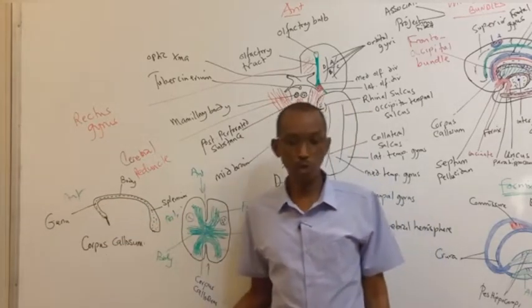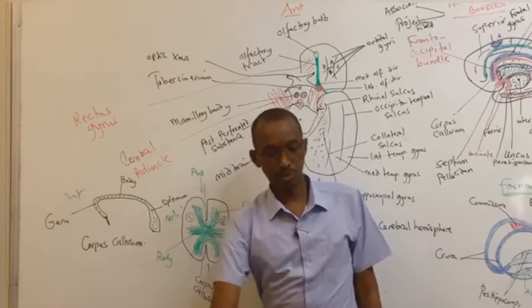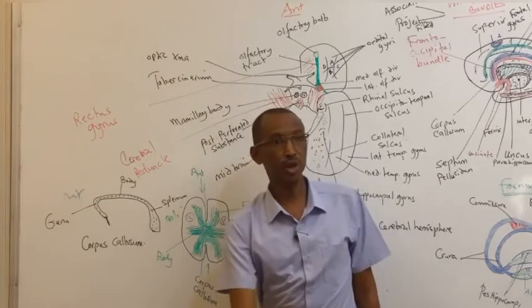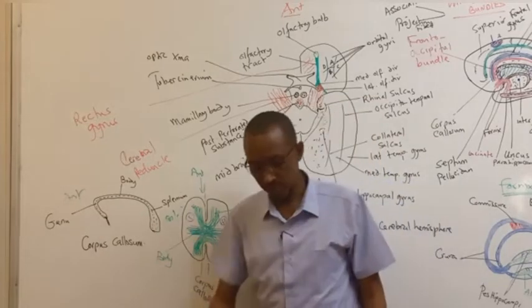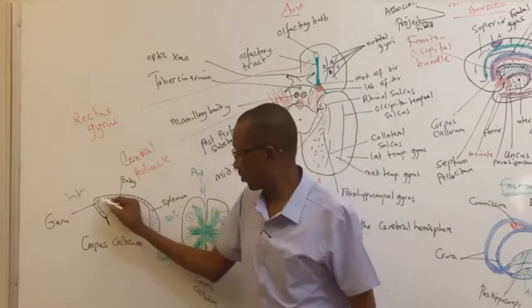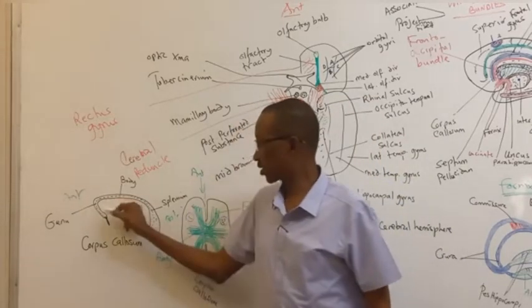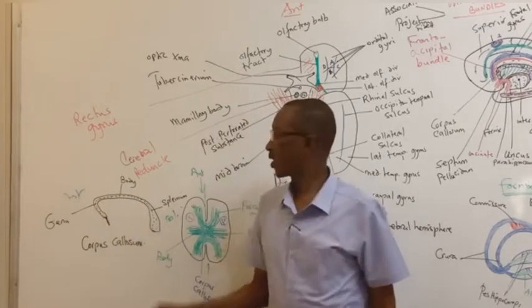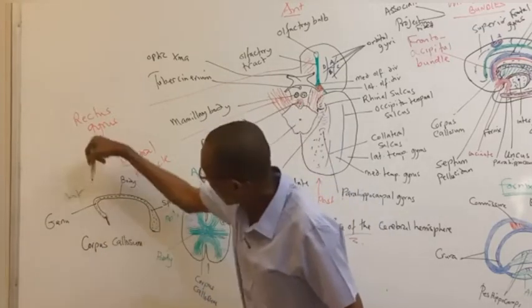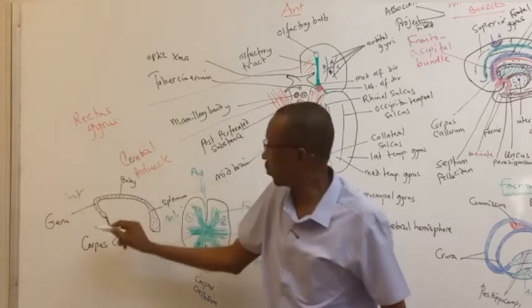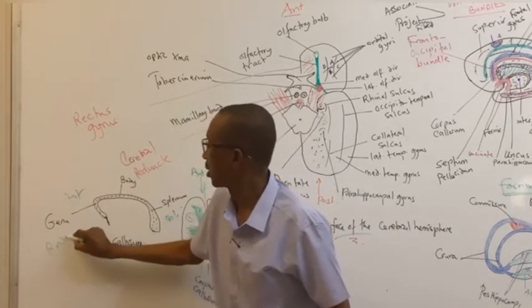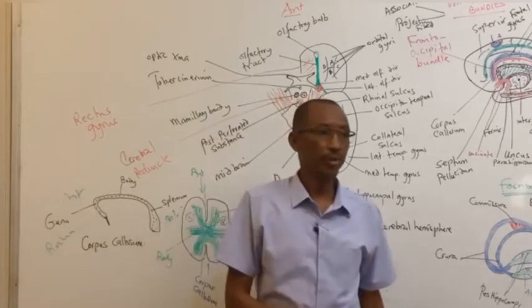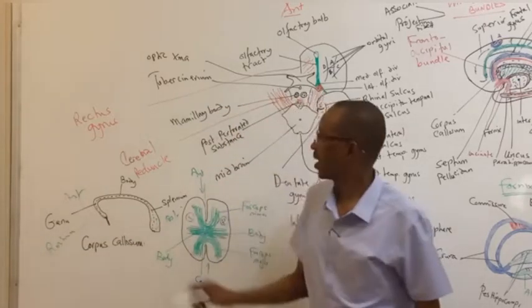It's just like when you bend your knee like this. Genu means knee in Latin. So from the knee, because of this bending, this place is called genu. And this aspect that passes down from the genu, this is what we call the rostrum of the corpus callosum.